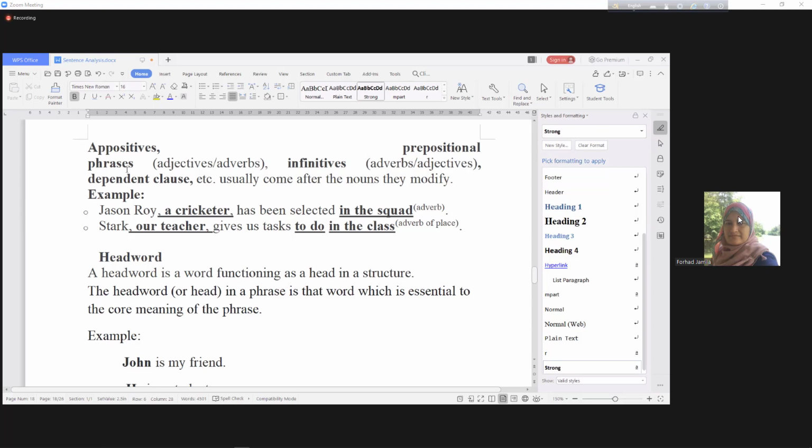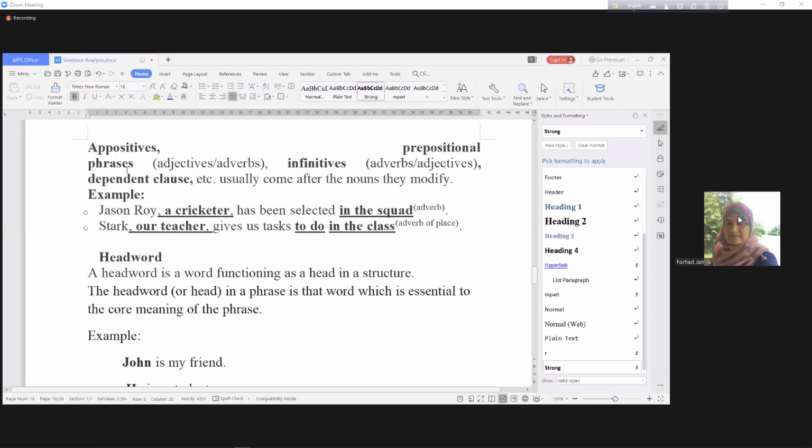I am going to Dhaka. To Dhaka is the prepositional phrase structurally, but here it functions as an adverb of place. That's why this is an adverbial phrase also. So prepositional phrases, most of the time we find after the word that they modify.